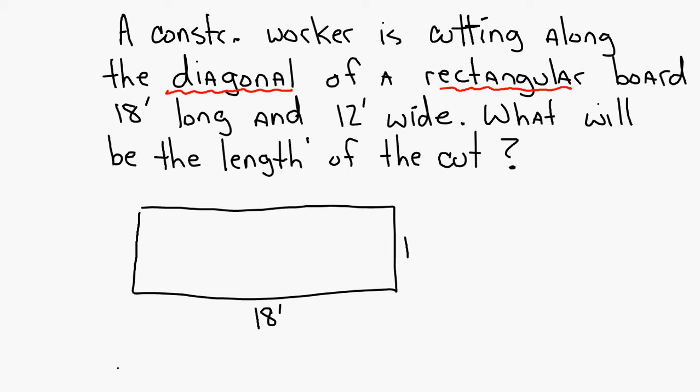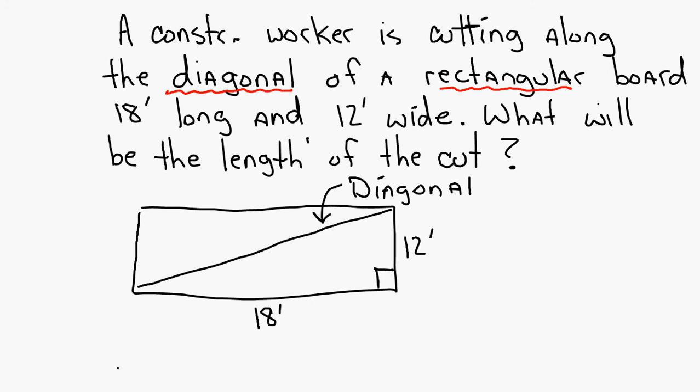It's 12 feet wide. He's cutting along a diagonal. So this is the diagonal. And this is a 90-degree angle because it's a rectangle, and a rectangle has four 90-degree angles.